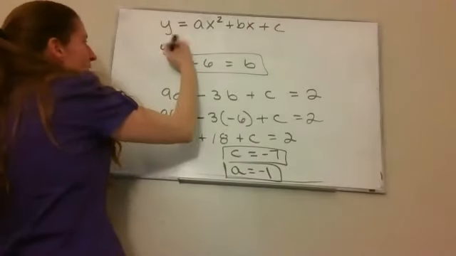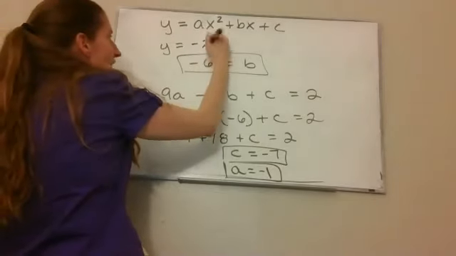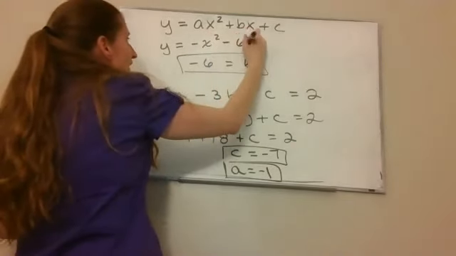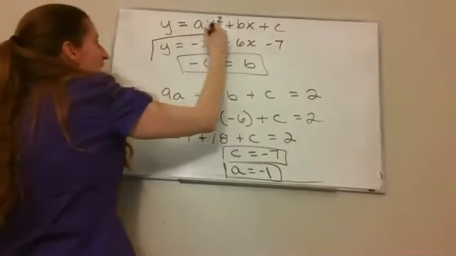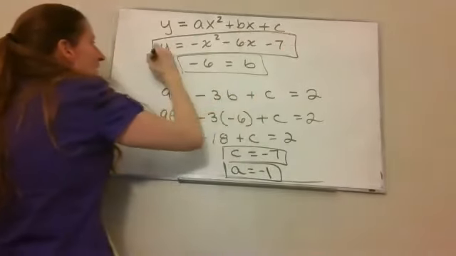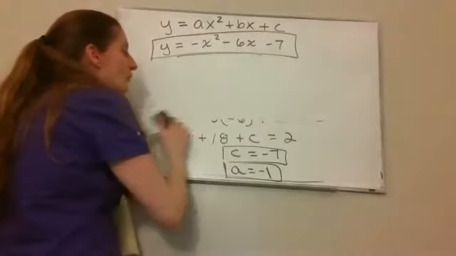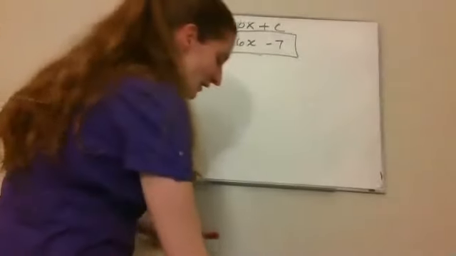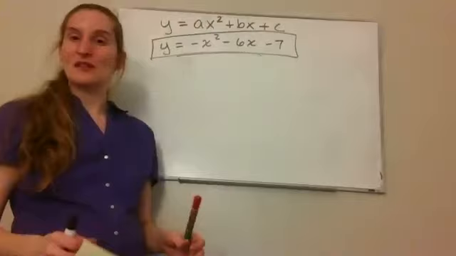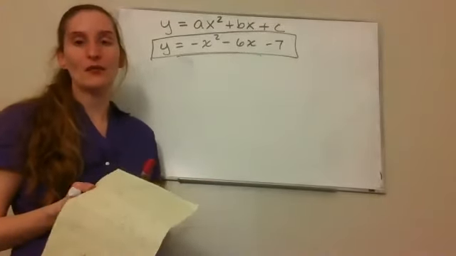So the parabola that goes through all those points was -x squared minus 6x minus 7. And that parabola right there is the final answer, and it goes through all 3 points that we were given. So that was just an example to show you something you can do with a system of 3 equations that you might not have thought about before.